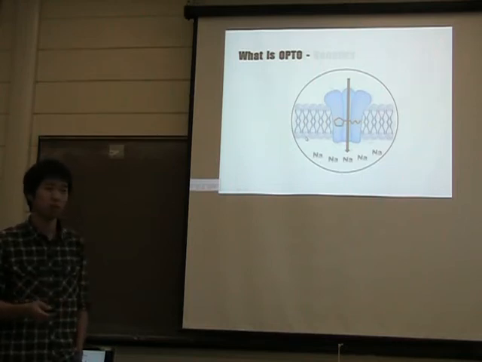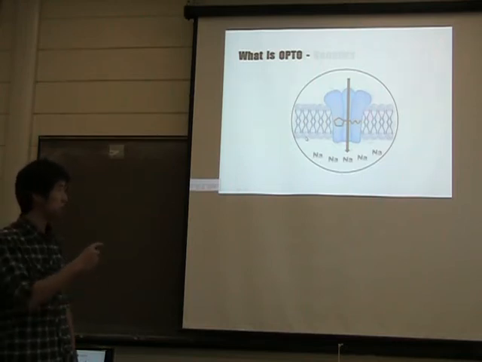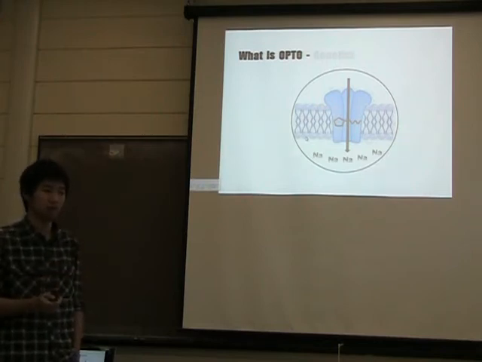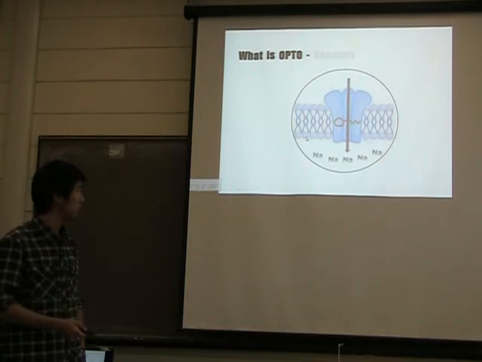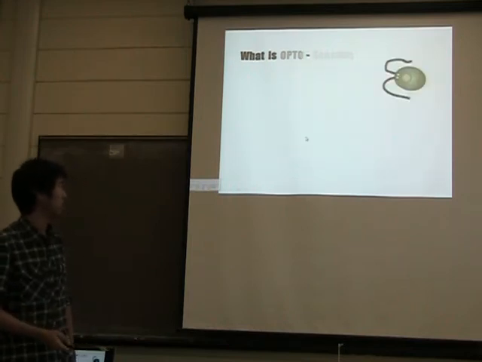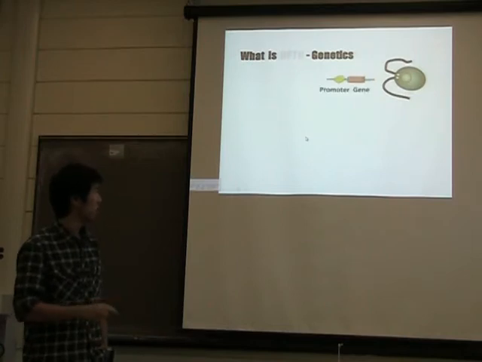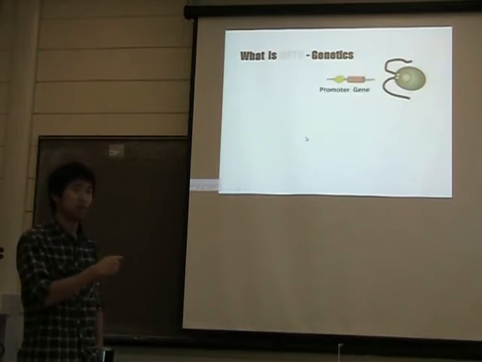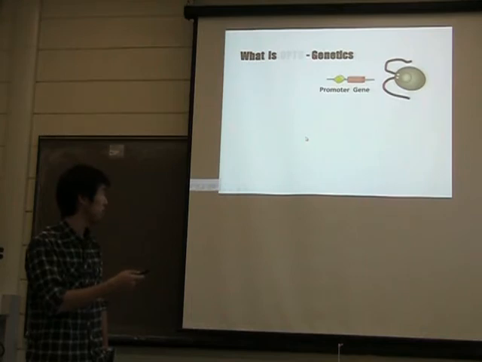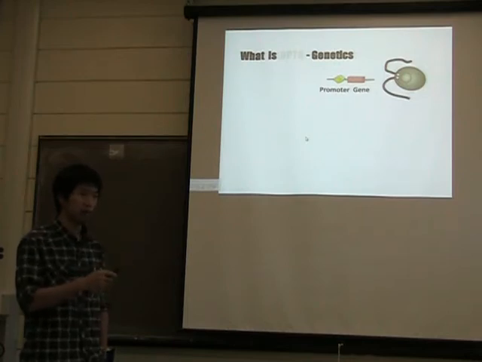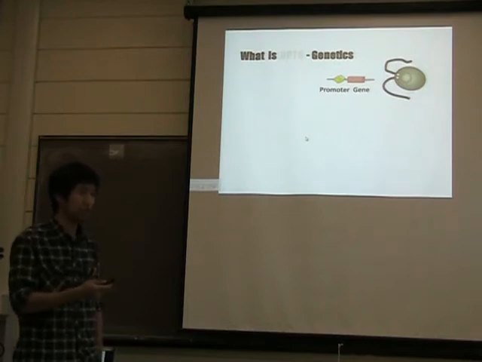So neuroscientists want to find a way to make this molecule help our research in neuroscience. So they use some genetic methods. First, we get the gene of this channel, channelrhodopsin, from the algae, and we add a promoter, which is the switch to activate the gene.